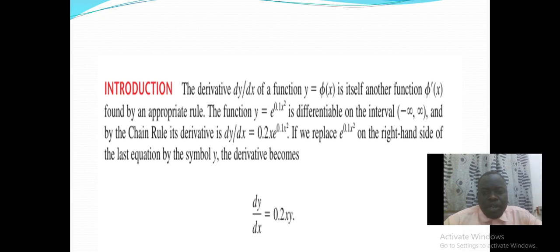If we replace e to the power of 0.1 x squared on the right hand side of the last equation by the symbol y, the derivative becomes dy by dx equals 0.02 xy. طيب دي عبارة عن مقدمة عن المعادلة التفاضلية العادية.